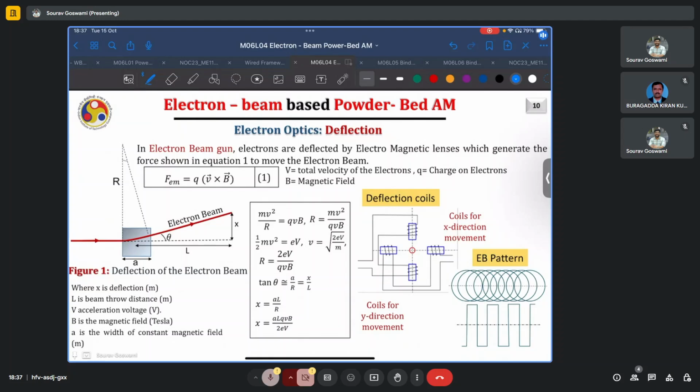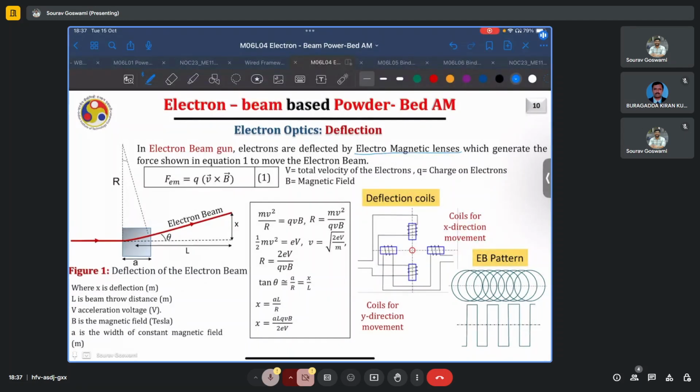Now let us talk about how the electrons are deflected using these focusing, deflecting, and correction optics. In an electron beam gun, the electrons are deflected by electromagnetic lenses, which generate the forces as shown here to move the electron beam. Electromagnetic force is equal to Q times V cross B, where V is the velocity of the electrons, Q is the charge on the electrons, and B is the magnetic field.